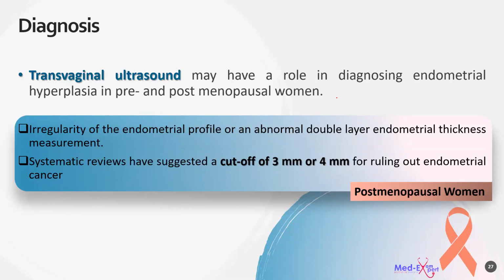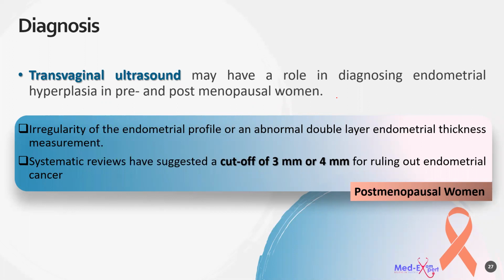Starting with post-menopausal women, the TVS is more accurate in such women, because normally in the post-menopausal state, the endometrium is thin. So if we find any irregularity of the endometrial profile or abnormal double layer of the endometrial thickness, this could be also an alarming sign for cases of endometrial hyperplasia in post-menopausal women.